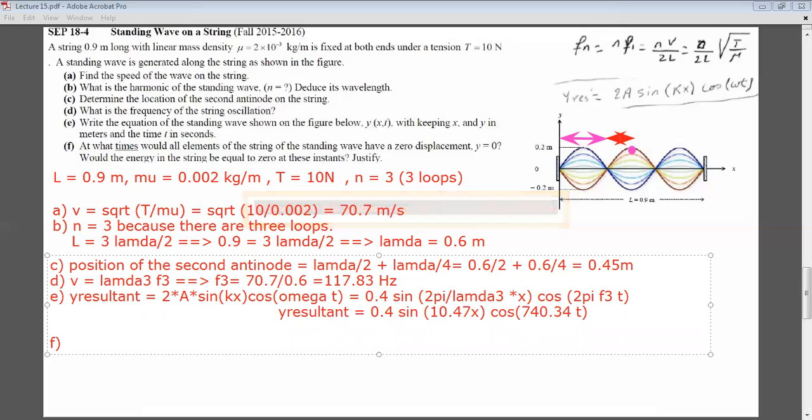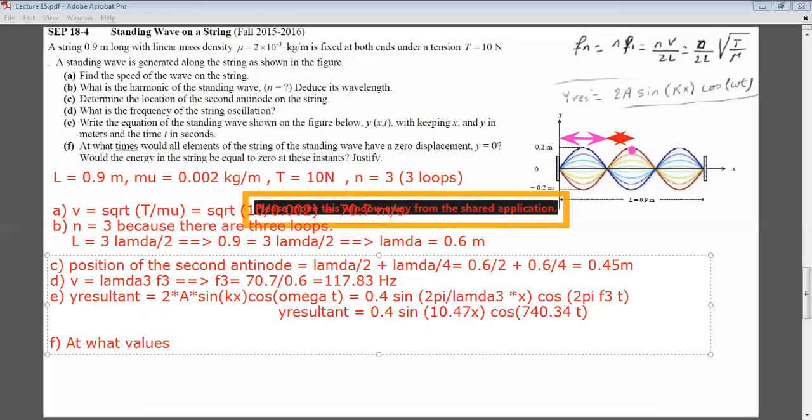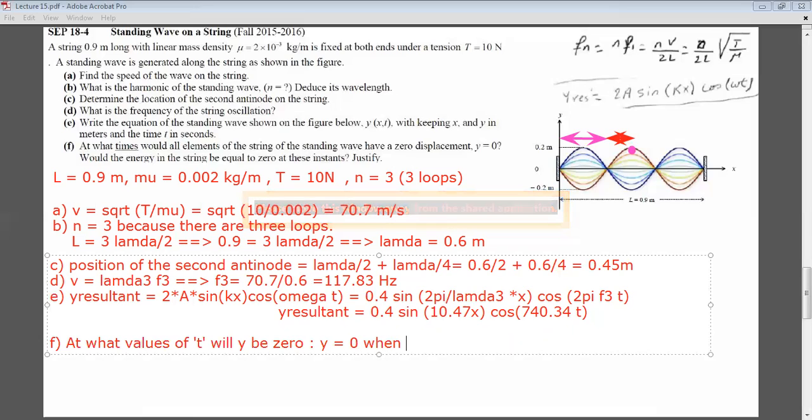At what times would all elements of the string of the standing wave have 0 displacement? So at what values of t will y be 0? We look here: y is 0 when cos(omega t) is equal to 0.